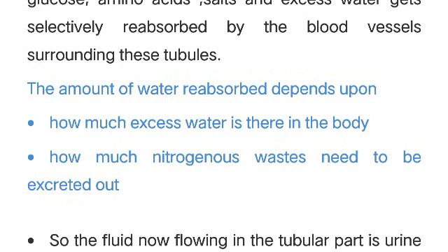The amount of water reabsorbed into the tubules depends upon two things. The first is how much excess water is there in the body, and the second is how much nitrogenous waste needs to be excreted out.